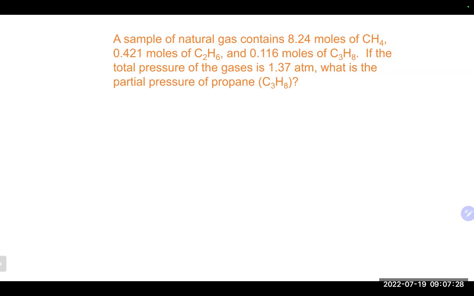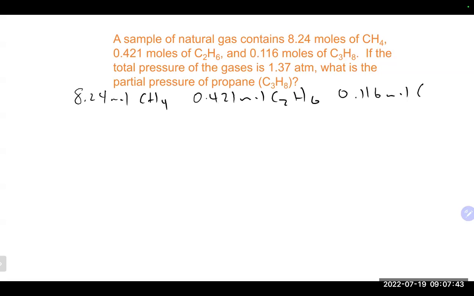In this particular case, we got some moles of everybody here: 8.24 moles of methane, 0.421 moles of ethane, and 0.116 moles of propane. And we do have the total pressure given to us, which is 1.37 atmospheres. And we're looking for the partial pressure of propane.